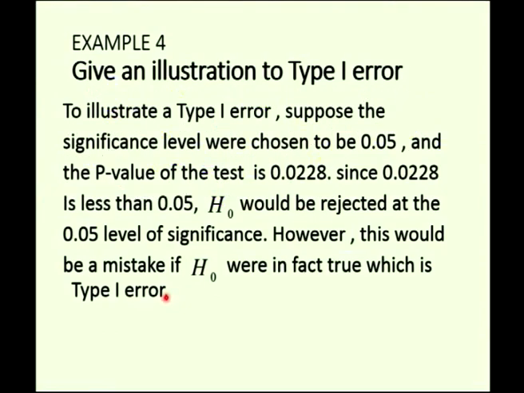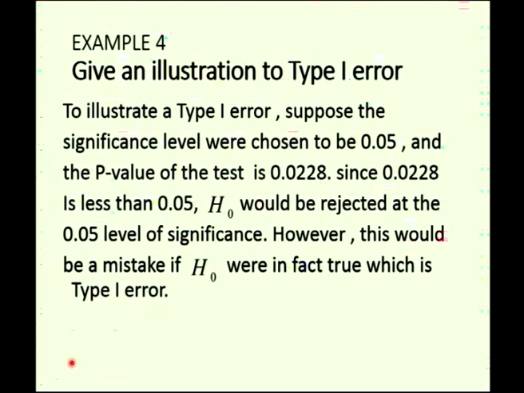So, let me give an illustration of type 1 error. Suppose the significance level were chosen to be 0.05 and the p value of the statistic is 0.0228. This is the assumption made: the level of significance is 0.05 and the test value of the statistic is 0.0228, and 0.0228 is less than 0.05.